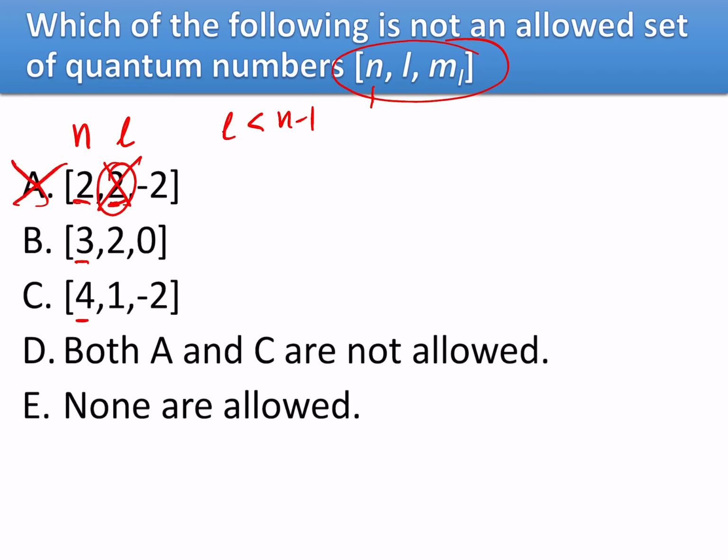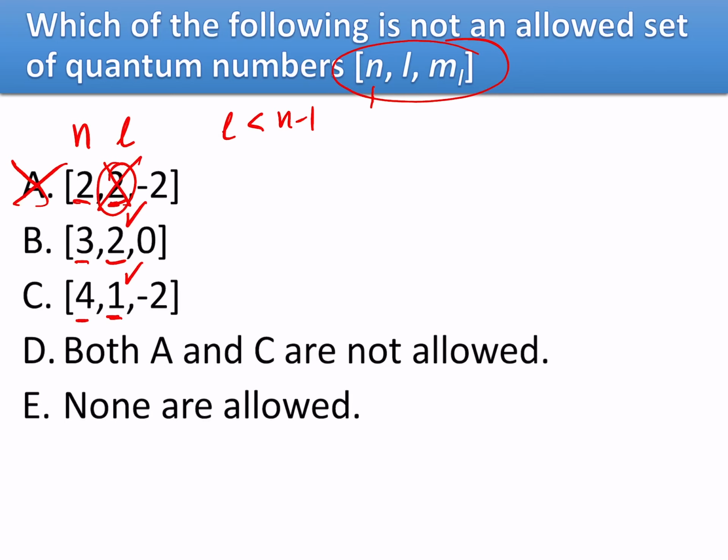So we take a look at the second one, and this is 2. So 3 minus 1 is equal to 2. So far this checks. And then in the next one we have 1, and that checks too because it's less than n minus 1.